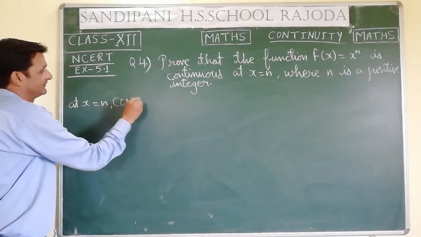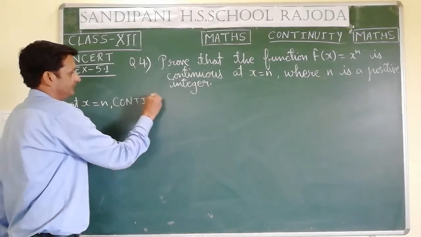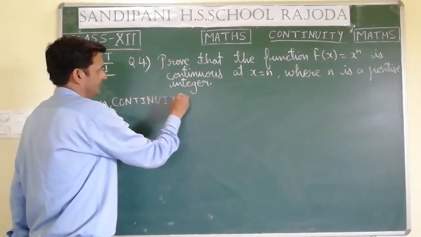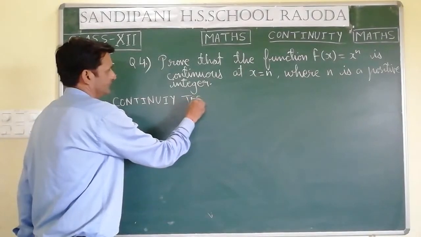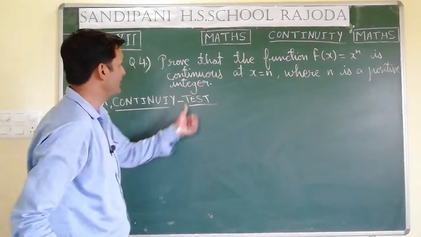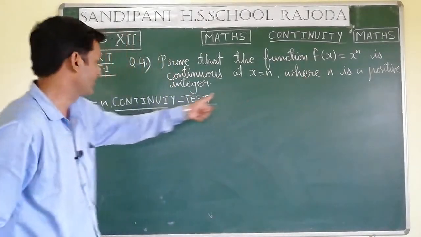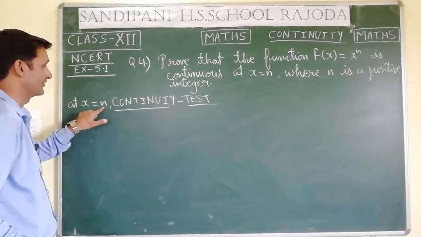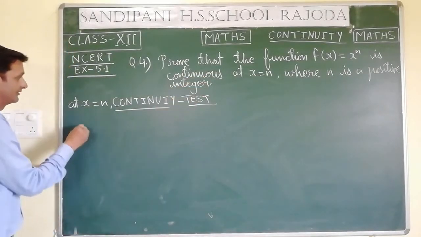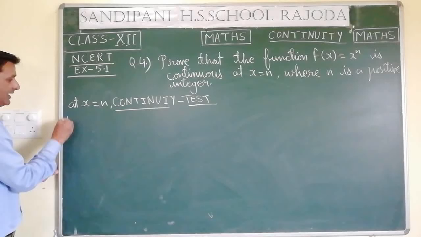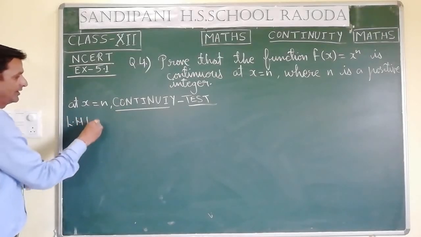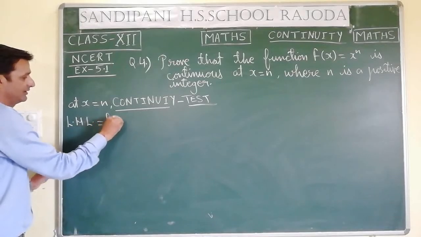continuity test. And here it is already mentioned that it is a positive integer. It is the positive integer n. There it is defined. So left hand limit is equal to limit.